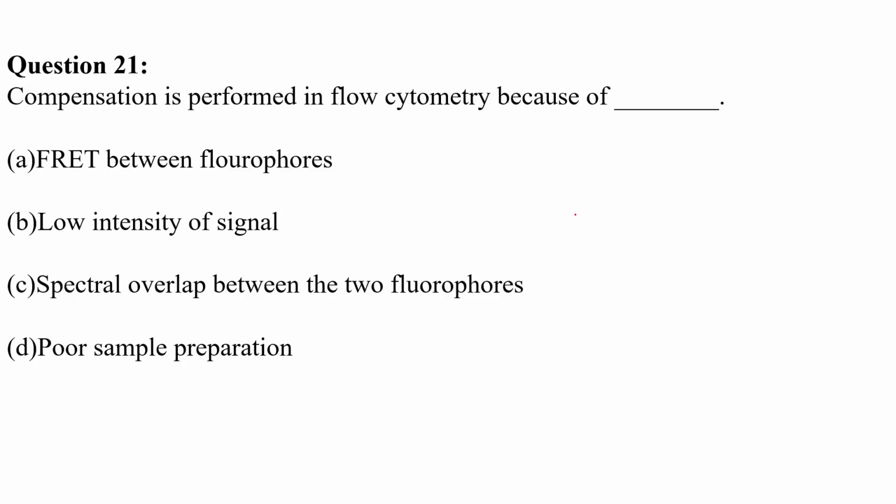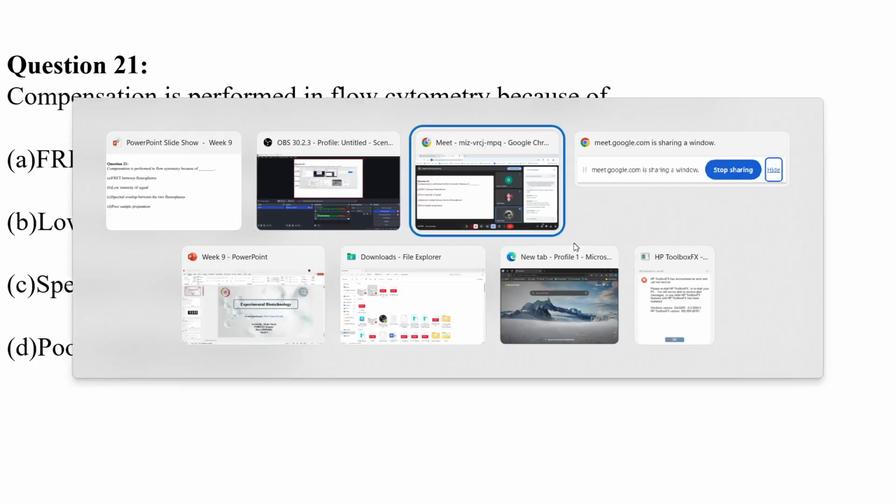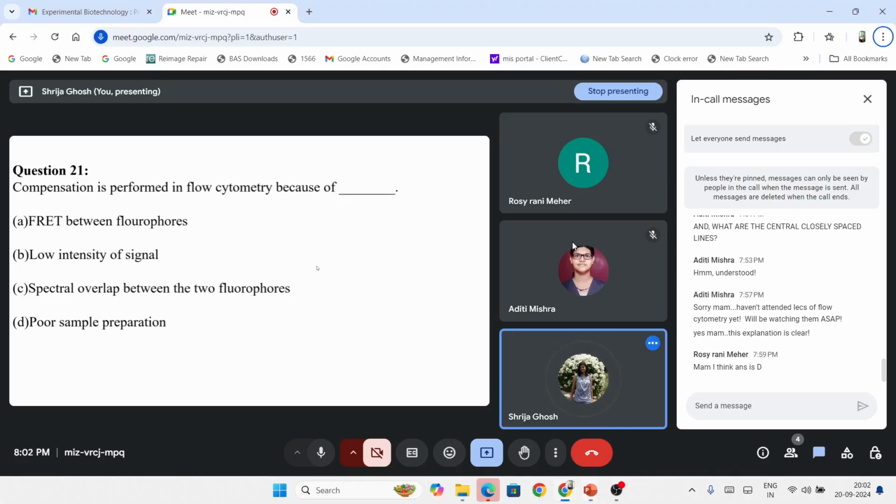So moving to the next question, question number 21. Compensation is performed in flow cytometry because of dash. This is the last question. Option A, FRET between fluorophores.